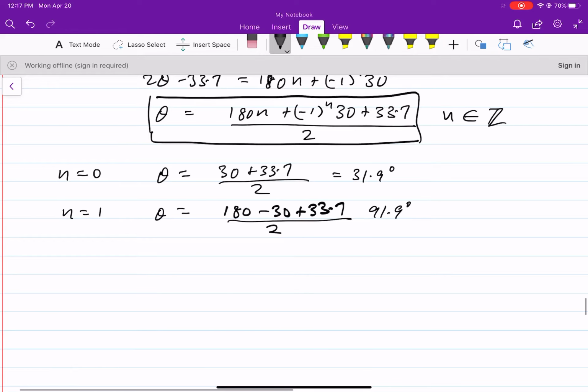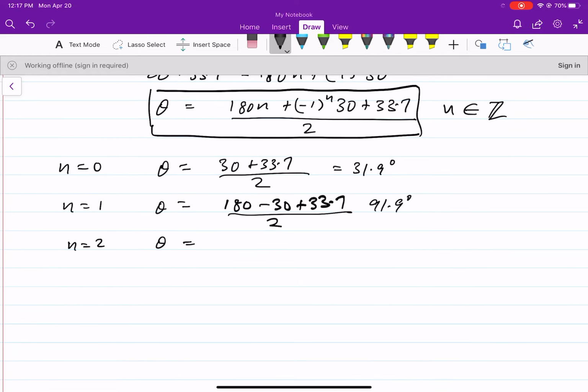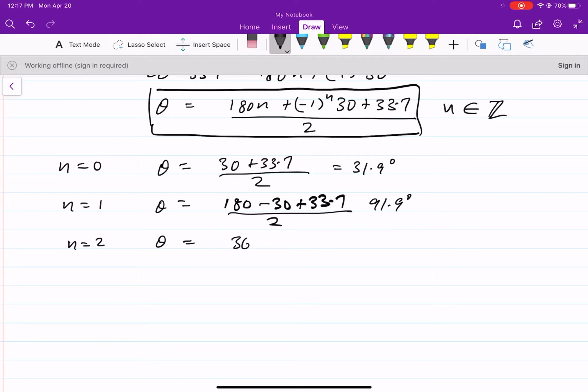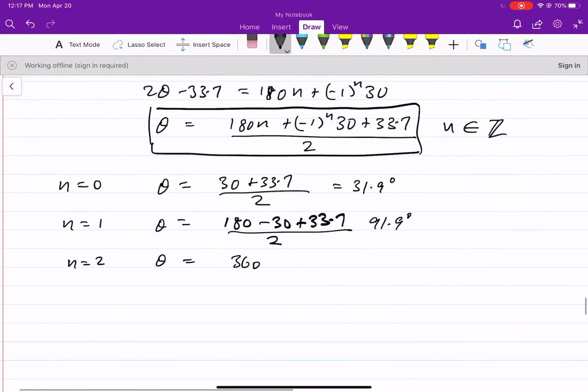N equal 2. Yeah, I can double check these answers again, because I can't add, right? There's subtract or multiply or divide. Theta is equal to 180 by 2, which is 360. And then, what do I have here?